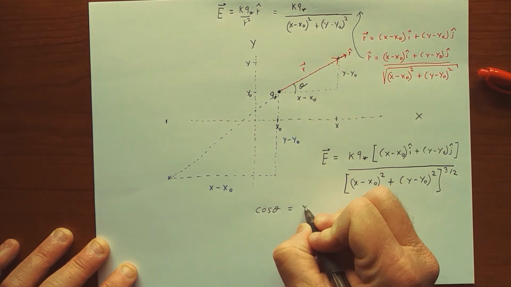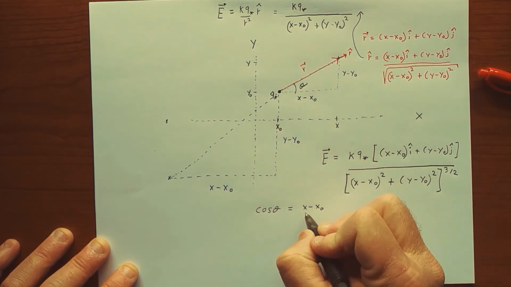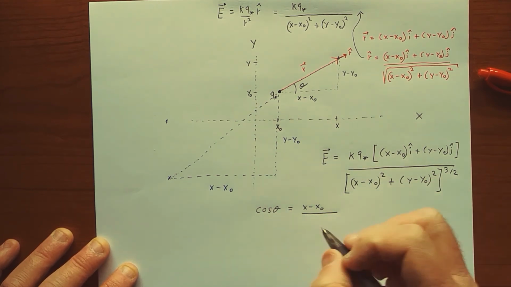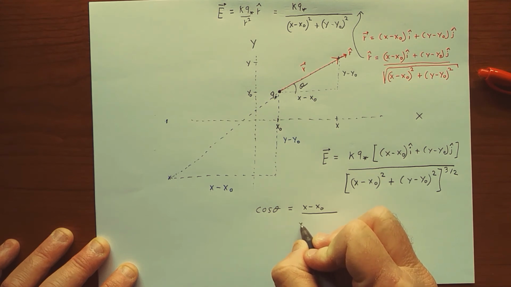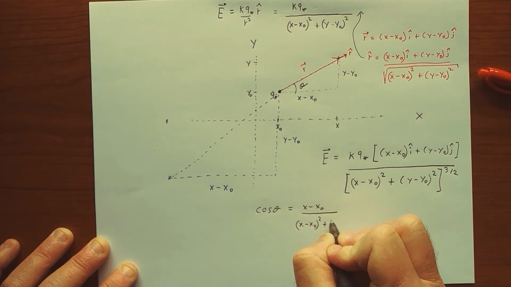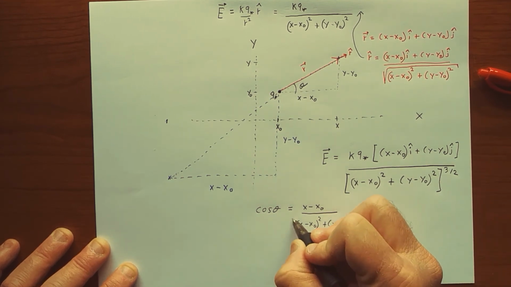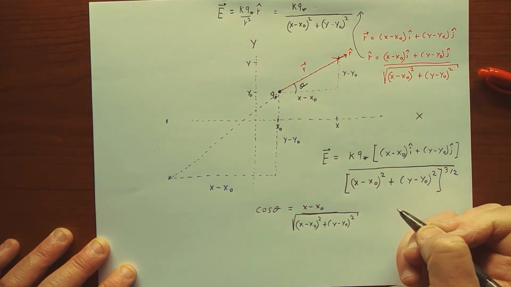So that's x minus x naught over the hypotenuse, which is x minus x naught squared, plus y minus y naught squared to the 1/2.